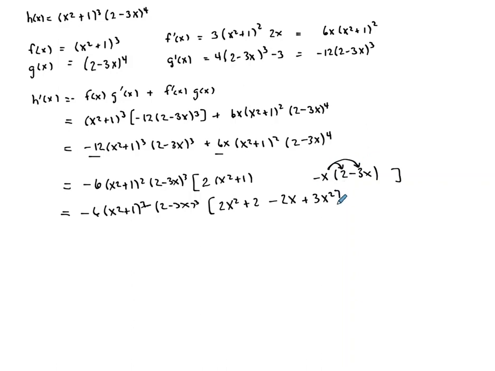Negative times negative is a positive, and that leaves me with minus 6 times x squared plus 1 squared times 2 minus 3x cubed, and simplifying by gathering the like terms, I get 5x squared minus 2x plus 2. That's a terrible bracket, but we get it.